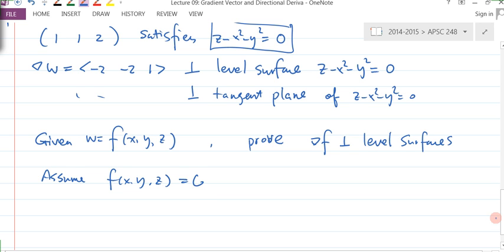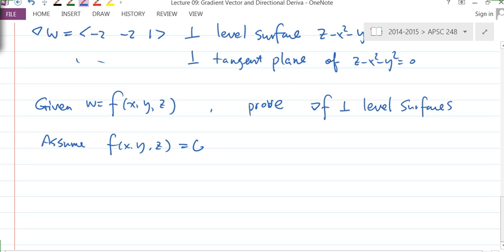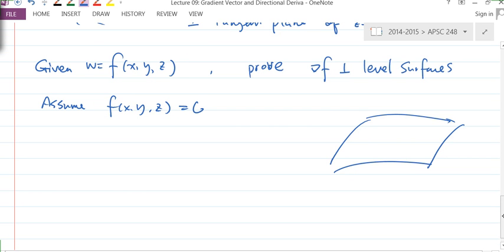Now I'll draw an illustration. Suppose this is the level surface we're looking at. Then we're also going to assume a curve.